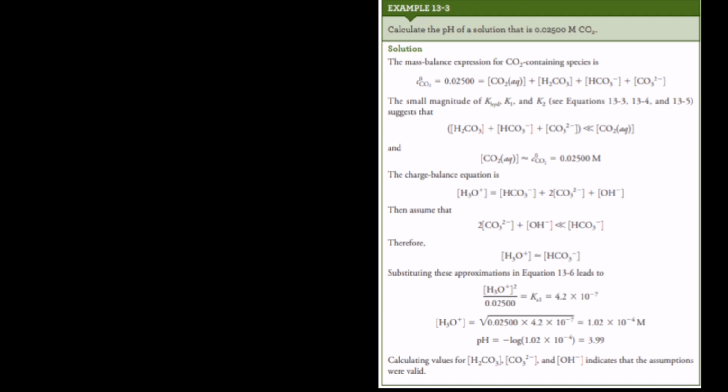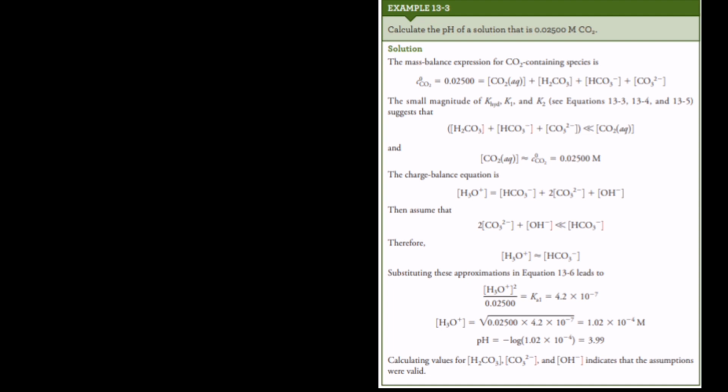0.02500 M CO2. So the equation here is that the concentration of CO2 is equal to 0.02500, and it goes down from there. That's how you calculate it. Then the charge balance equation is [H3O+] = [HCO3-] + 2[CO3 2-] + [OH-].